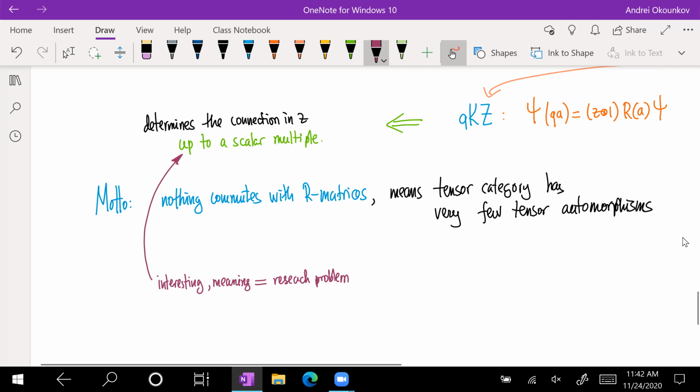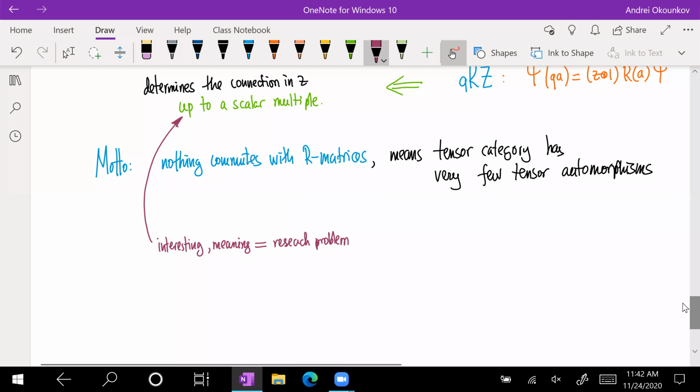Is there a question? Yeah, maybe I'm conflating two different notions, but when we were defining QKZ, we had these elements that commuted with R matrices as part of the ingredients, like part of the maximal torus of the quantum group.